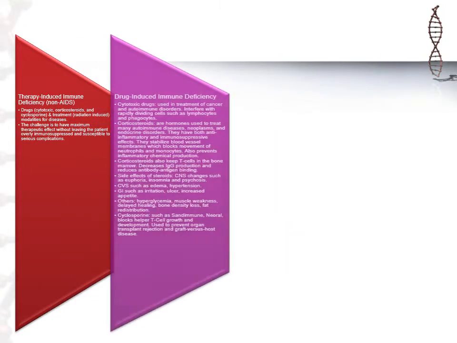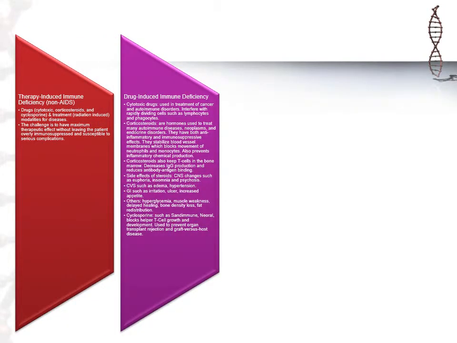It can be caused from drugs such as cytotoxics, corticosteroids, and cyclosporine, and then treatments such as radiation, and these are modalities for diseases. The challenge is to have maximum therapeutic effect without leaving the patient overly immunosuppressed and susceptible to serious complications.